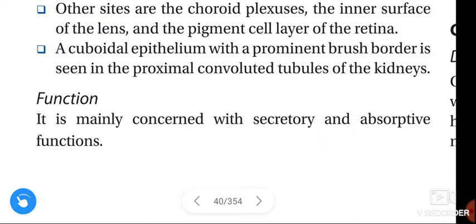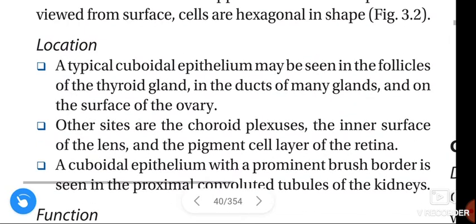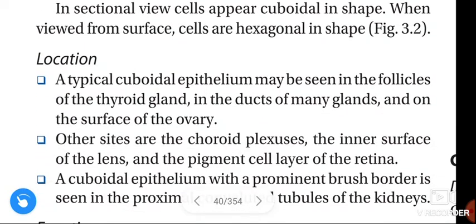Okay, this is about the simple cuboidal epithelium. The diagram is most important, and the examples where it is present are most important. These are square shapes, looking like squares in sectional view.